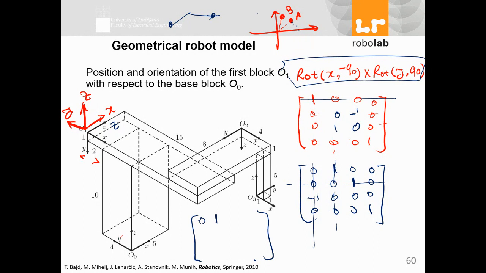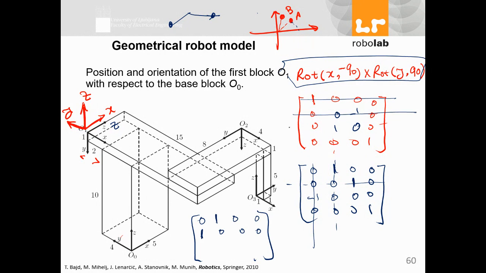Okay. Let's see. Yeah, more or less, I'm getting the same thing. The second one will be 0, and here is 0 anyway. The second row, when I multiply, I get 1 here. When I multiply this to this, I get 1, 0, 0, 0.